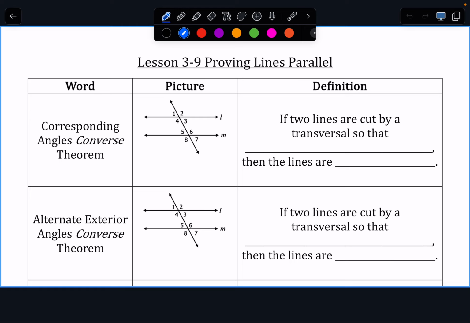Okay. We're going to go through some theorems and postulates, but I think you will find them to sound familiar. We have what's called the corresponding angles converse theorem. Converse means we take a statement and we do what with it? Flip it around.